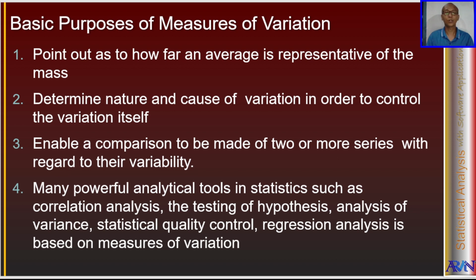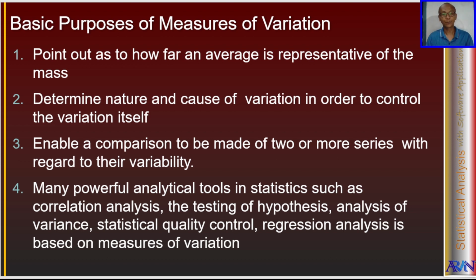Now, what are the basic purposes of measures of variation? First, it points out as to how far an average is representative of the mass. Second, it determines nature and cause of variation in order to control the variation itself. And third, it enables a comparison to be made of two or more series with regards to their variability.